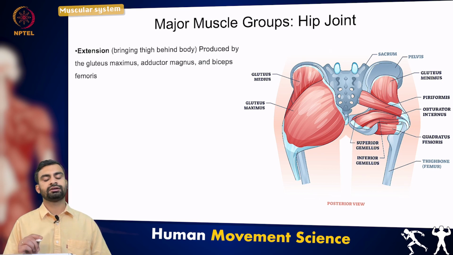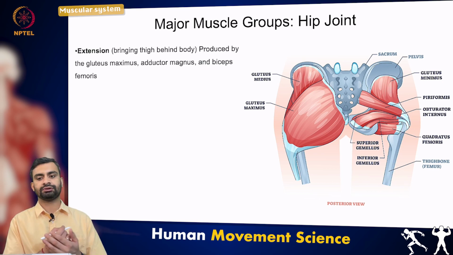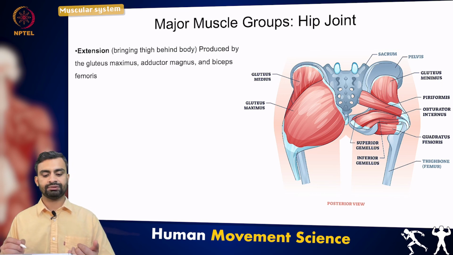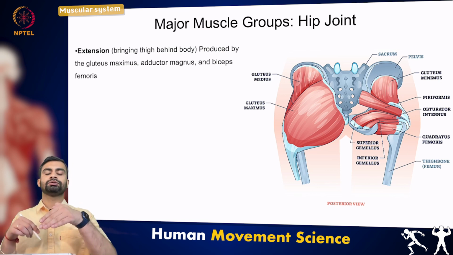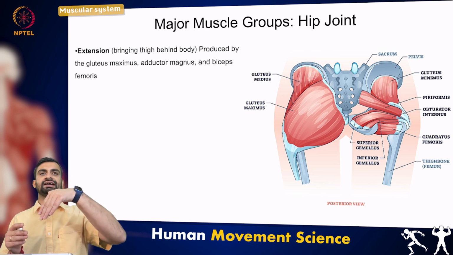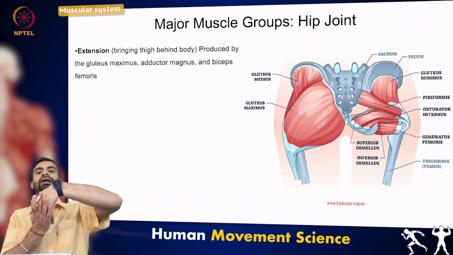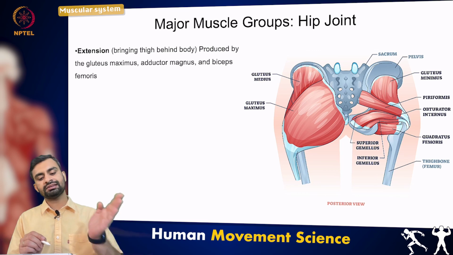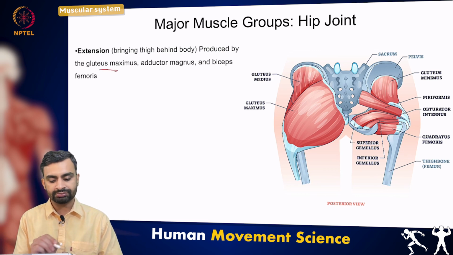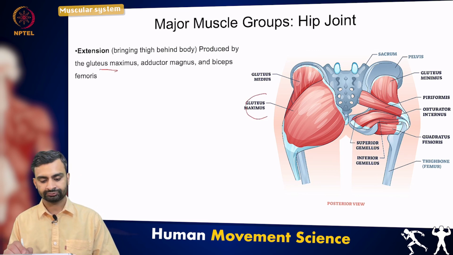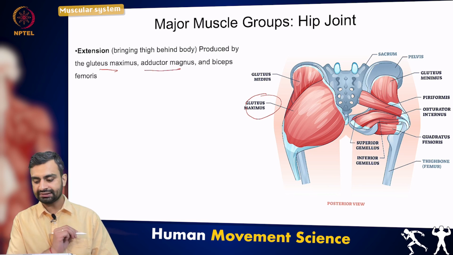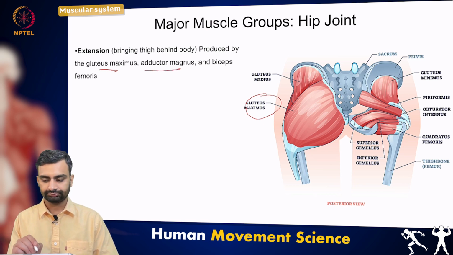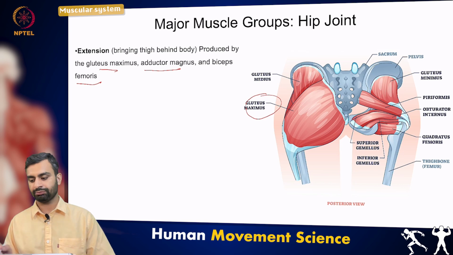At the hip joint, similarly as we looked at other joints, extension happens where, if you are standing, you are bringing your thigh behind your body. This movement is being produced by your gluteus maximus, adductor magnus, and biceps femoris.